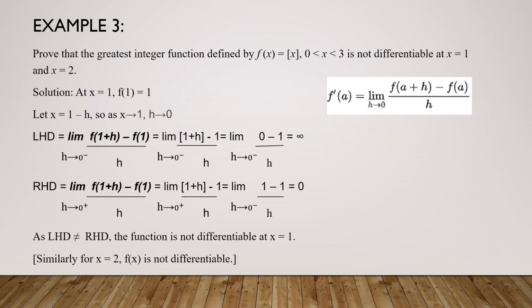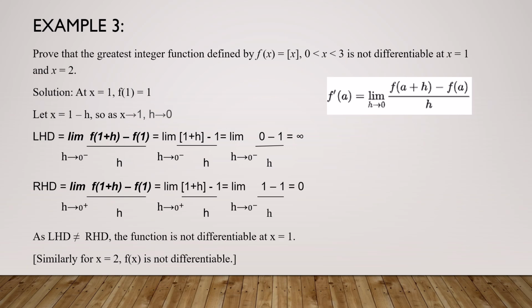Now the right hand derivative. Limit h tends to 0 from the right hand side, f(1 plus h) minus f(1) upon h. Now what will be the box value of 1 plus h in this case? Here h is tending to 0 from the right side, suppose h is a very small value, say 0.001. So it is 1 plus 0.001, and the greatest integer less than or equal to that is 1.